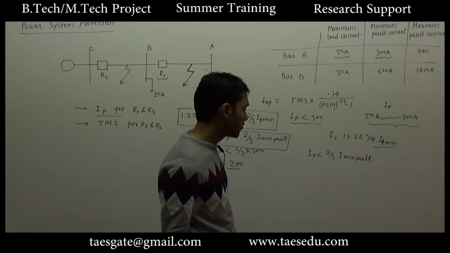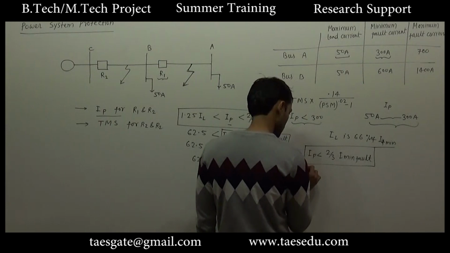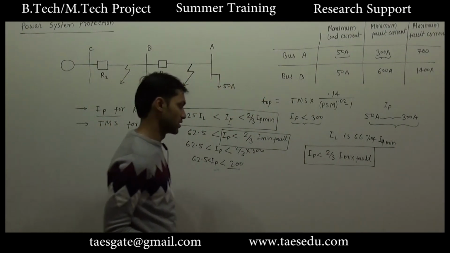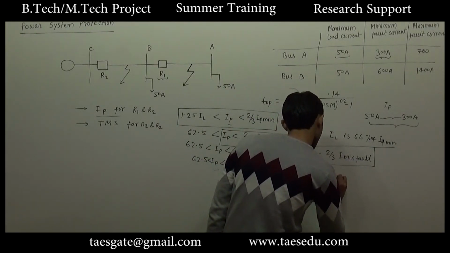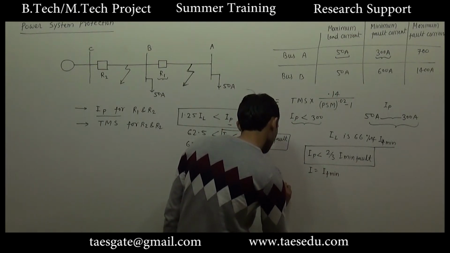In case of minimum fault, let's say this is the inequality for pickup current. Let's say in the line minimum fault current is flowing, I is equal to IF minimum. So what will be the value of PSM?